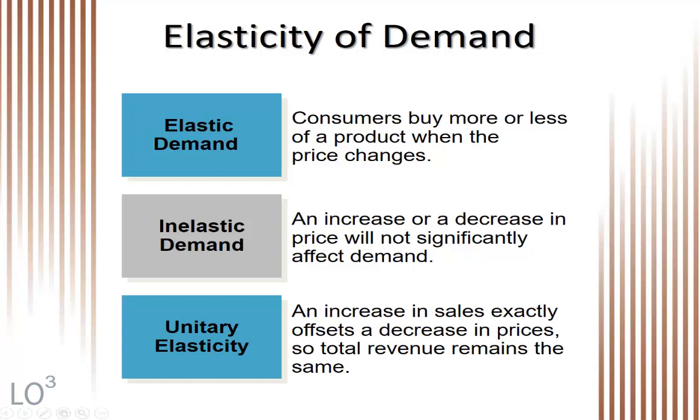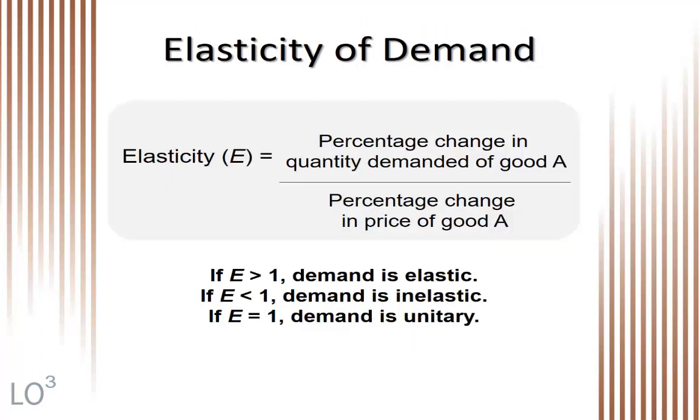First, elastic demand means consumers buy more or less of the product when the price changes. An inelastic demand means an increase or a decrease in the price will not actually affect the demand. And unitary elasticity means an increase in sales exactly offsets a decrease in prices, so total revenue remains the same.